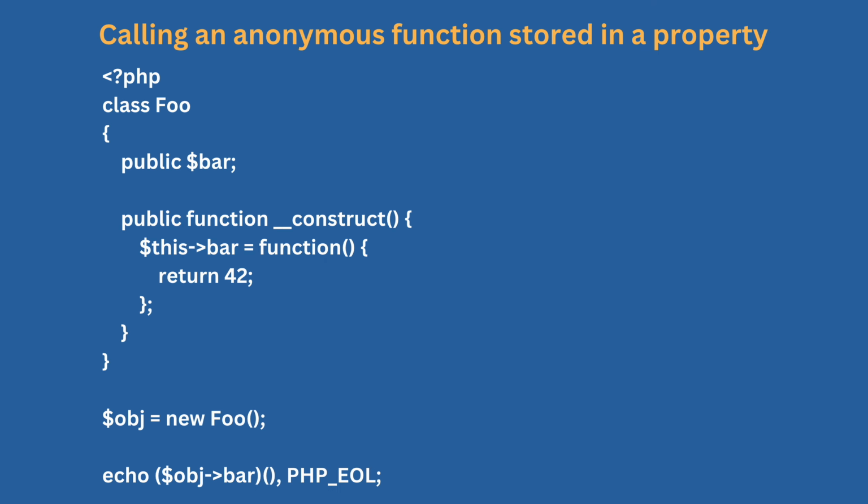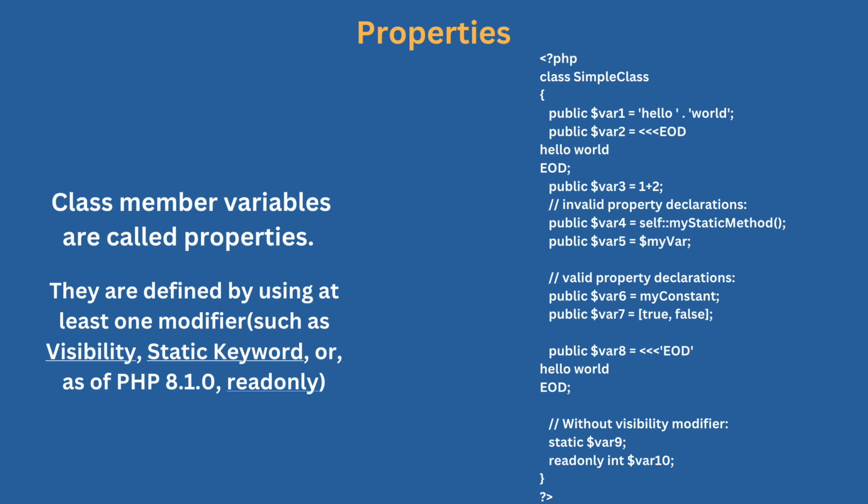Now come to the new point. Again, this is properties and methods that we are going to talk about. The class member variables are called properties. What are these properties? Variable 1, variable 2, variable 3, variable 4, variable 5.